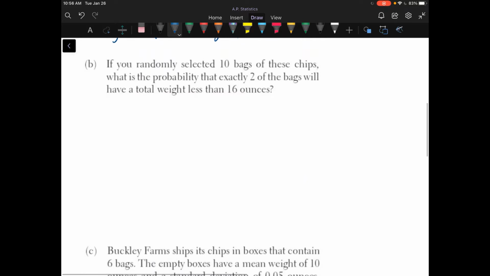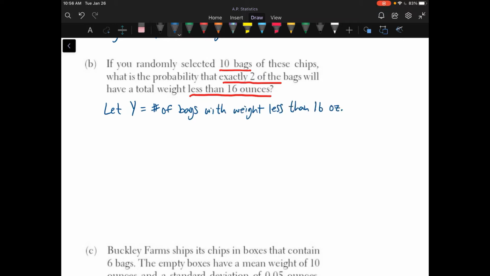Moving on to part B. If you randomly select 10 bags of these chips, what is the probability that exactly 2 of the bags will have a total weight less than 16 ounces? Identify the variable: let Y equal the number of bags with weight less than 16 ounces.